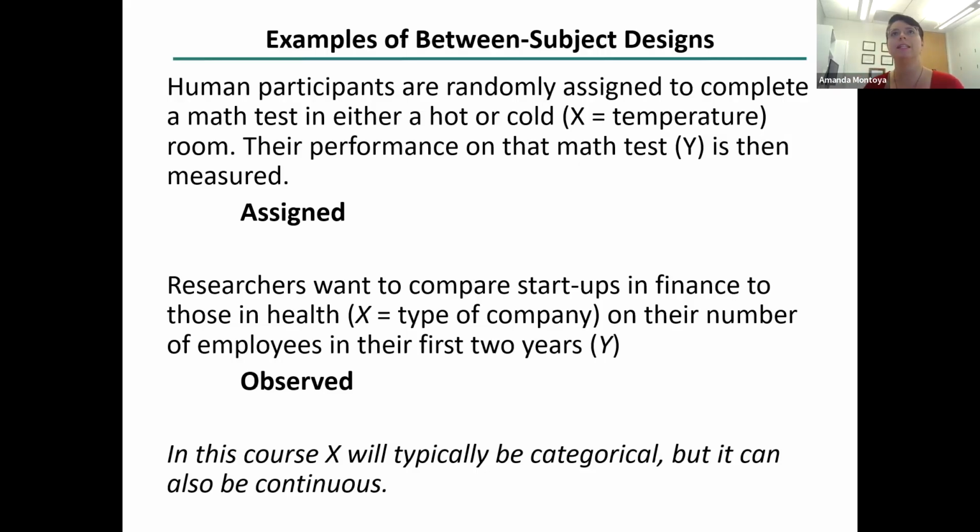And one thing that we might see there is that for people in the hot condition, maybe some of them were at 85, some of them are at 84, some of them are at 86. And in the cold condition, some of them might also vary a little bit in temperature. So even though we tried to assign the levels of X, we were really only successful at assigning kind of hot or cold, but then we could also measure or observe the actual temperature.